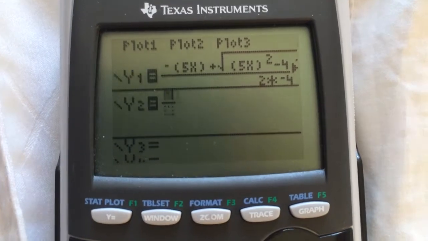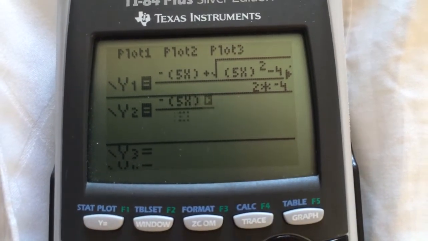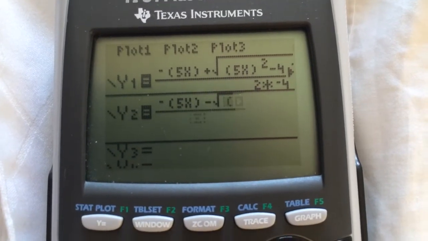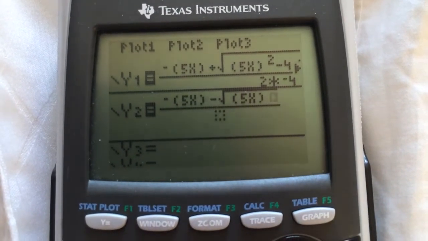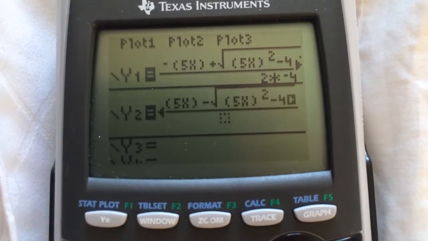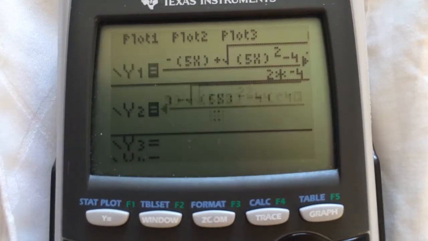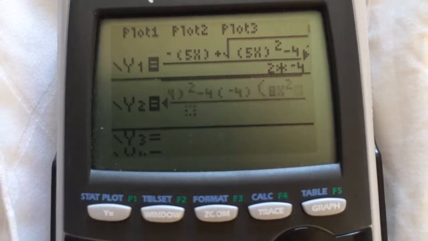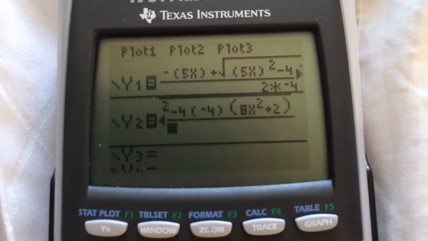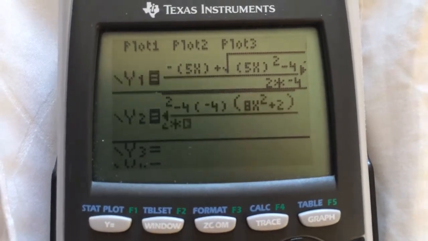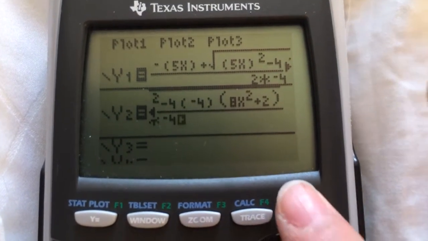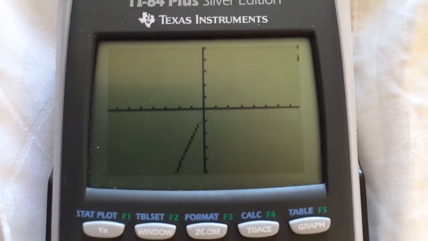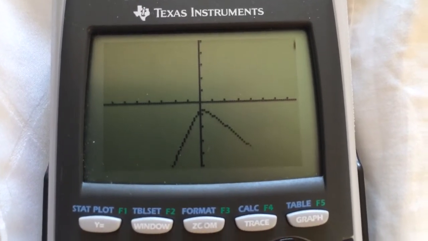So again, (−5x − √((5x)² − 4 × (−4) × (8x² + 2))) / (2 × (−4)). And then you can hit graph and drawing.